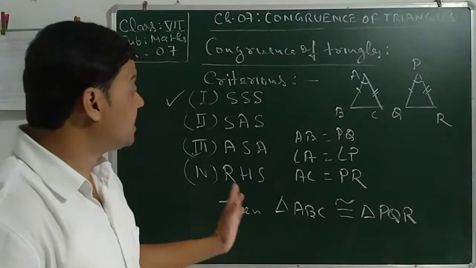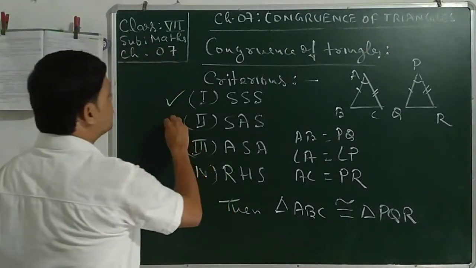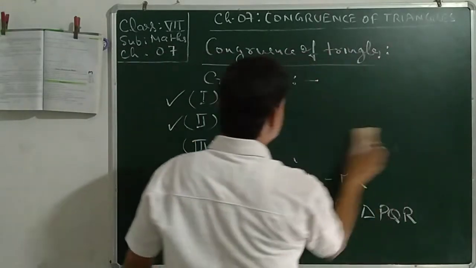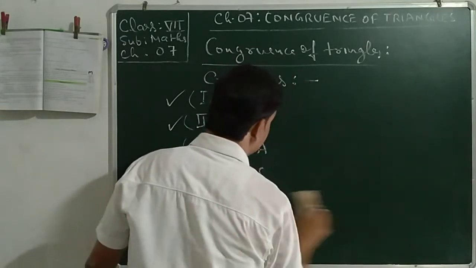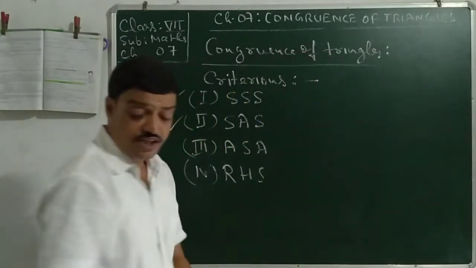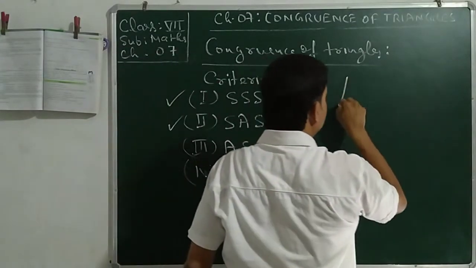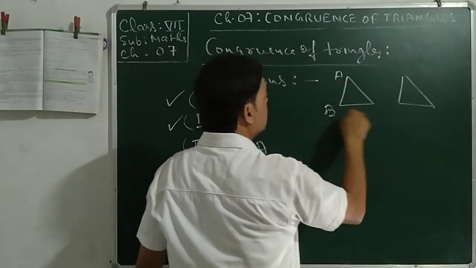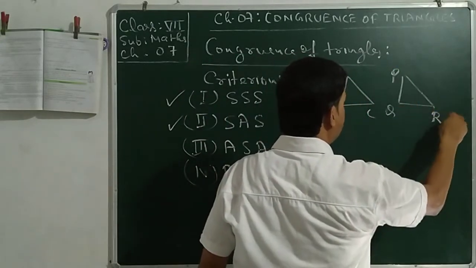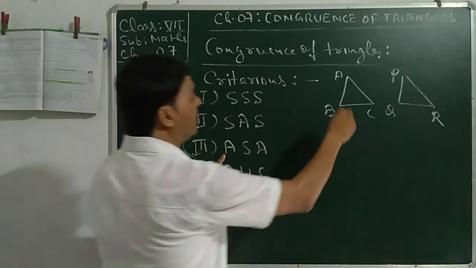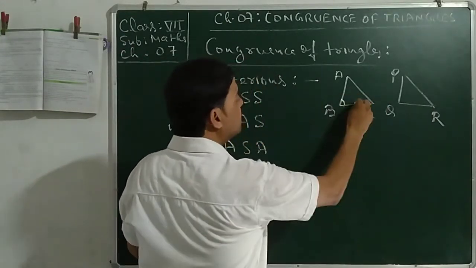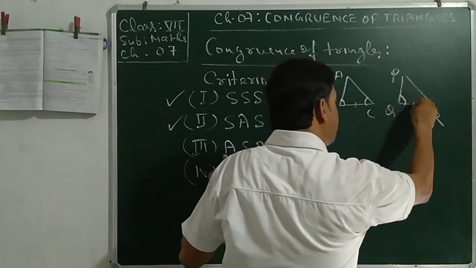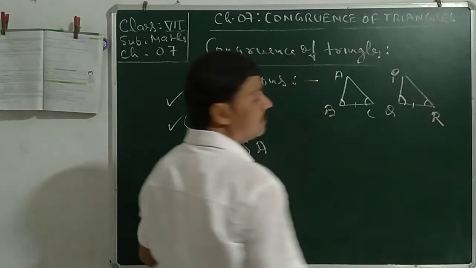Now come to the third condition. In the second condition it was explained SAS. Now in the third condition, that is angle side angle. What happens here? If one triangle is there ABC and another triangle, once again I have taken PQR, angle side angle means assume this angle, this side and this angle of this triangle matches with this angle, this side and this angle.